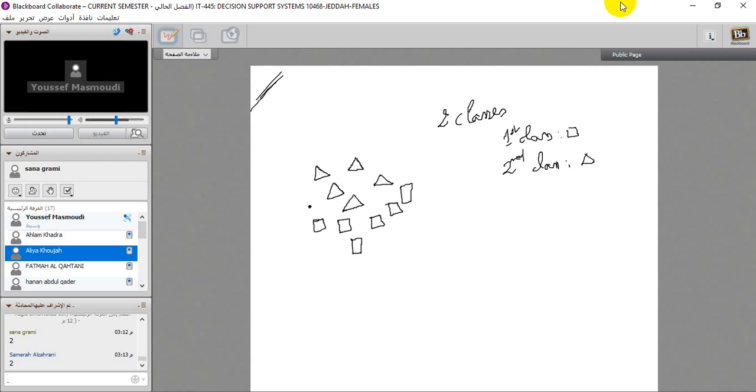Triangle or square? What do you think? What will be the classification of this new item? It will be square or triangle.